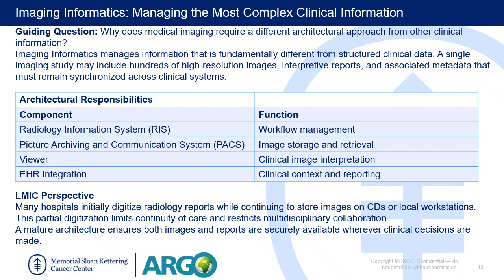So systems like radiology information systems, the RIS, or the PACS, picture archiving and communication systems, separate workflow management from image storage, while integrating with the EHR to provide clinical context.